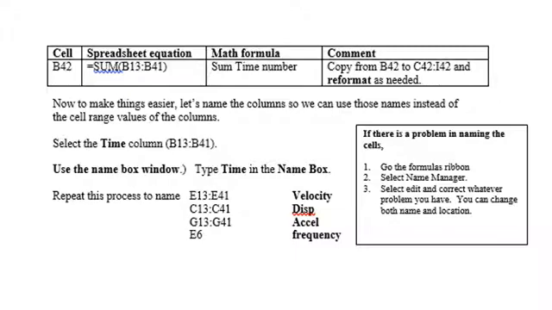No. But it lets someone looking at your work understand what you're doing more easily, because if you say velocity versus time, it's a little easier than understanding a series of numbers versus each other. Your choice. The only problem is if you go to edit, you have to rename it. That's a problem.